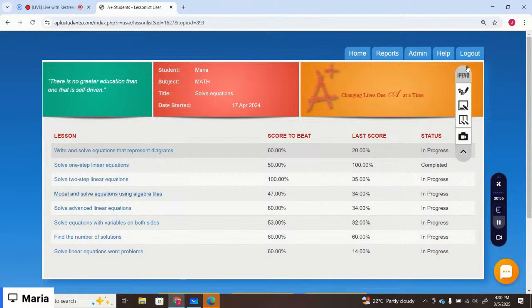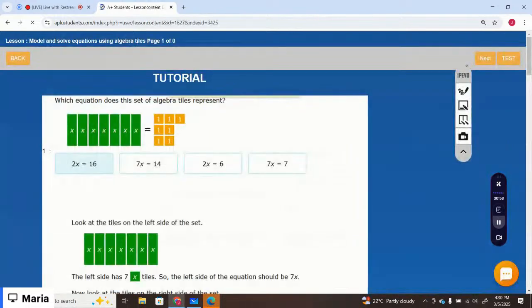The next lesson is model and solve equations using algebra tiles. Which equation does this set of algebra tiles represent? 1, 2, 3, 4, 5, 6, 7.